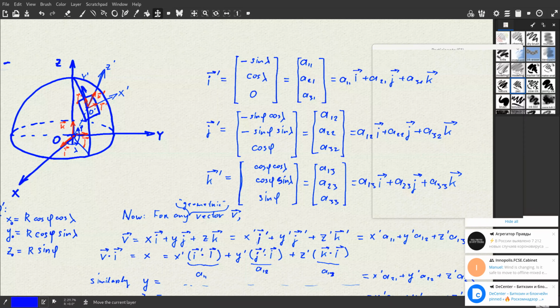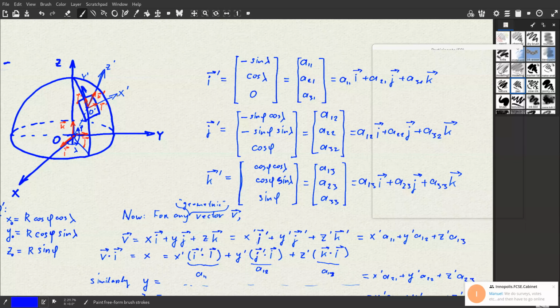We once again consider the x, y, z, which are geocentric coordinates, and x prime, y prime, z prime, which are topocentric coordinates. So what we did last time, let's revisit it.